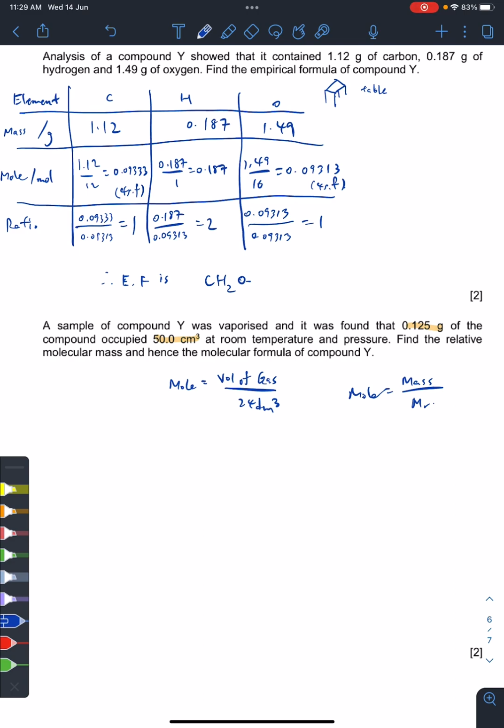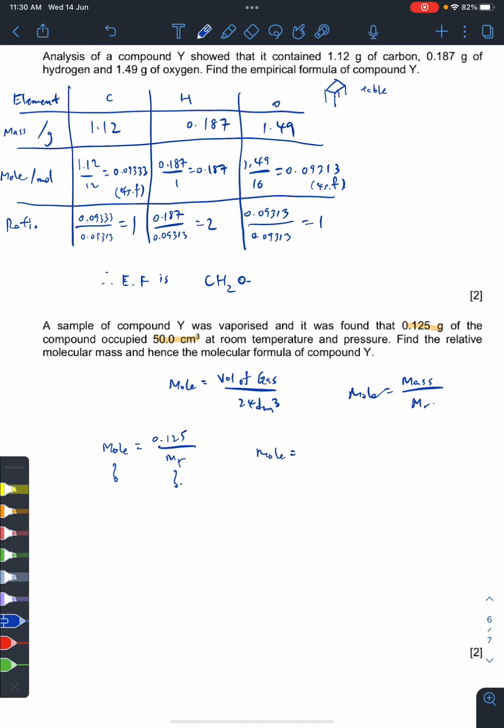So find Mr first. I try: mole equals 0.125 divided by Mr. I don't know my Mr, I don't know my mole. I cannot use it. Then don't use it first.